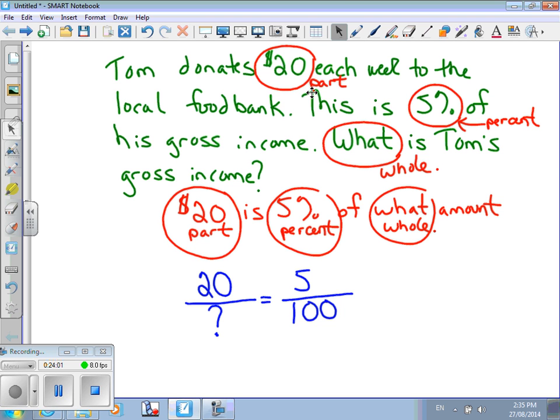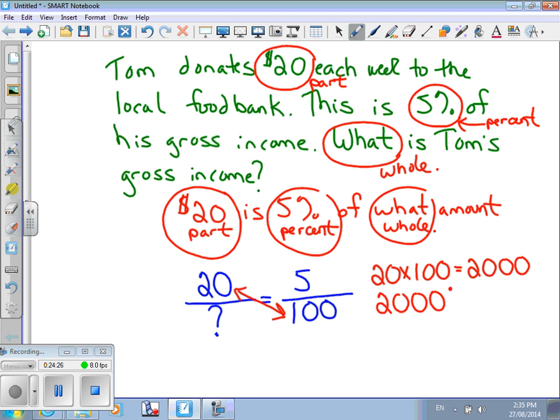The diagonals, the two things that are diagonal across, up and down from each other that I need to multiply are the 20 times 100. 20 times 100 would be 20 and a couple more zeros for a total of 2,000. And then 2,000 needs to be divided by 5.